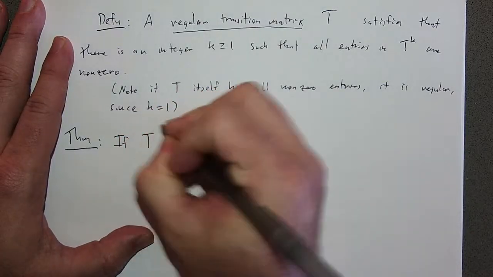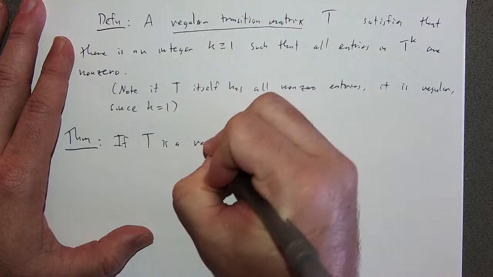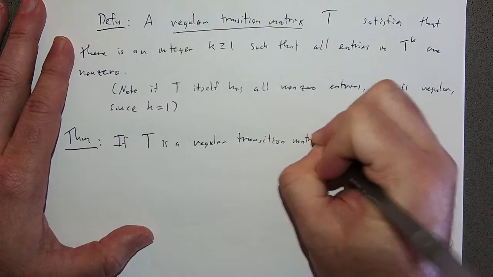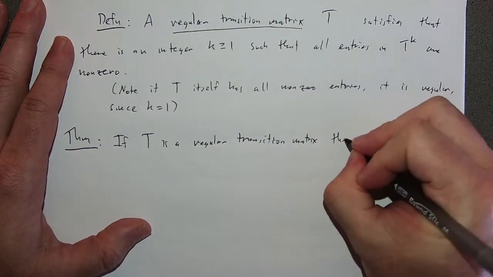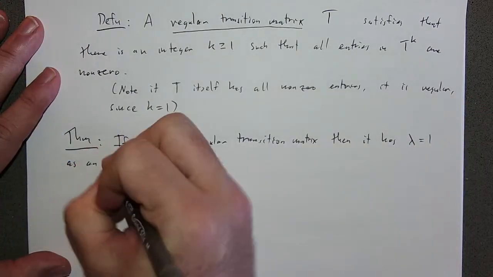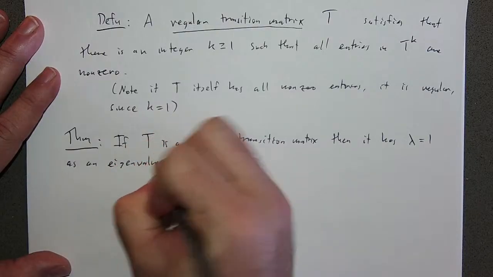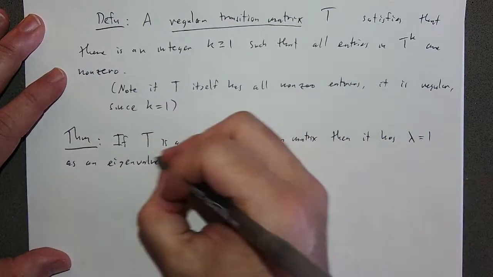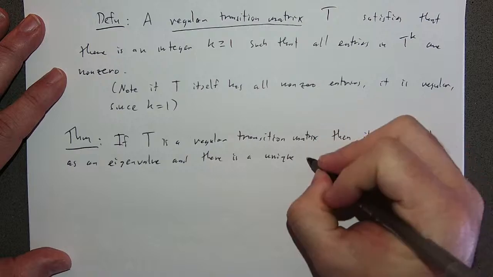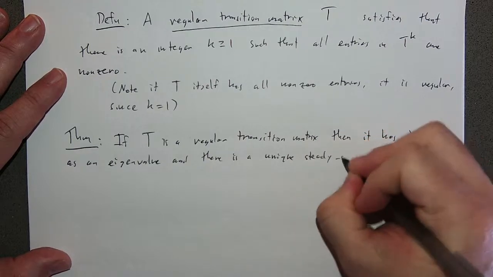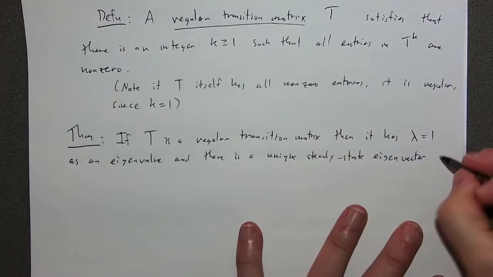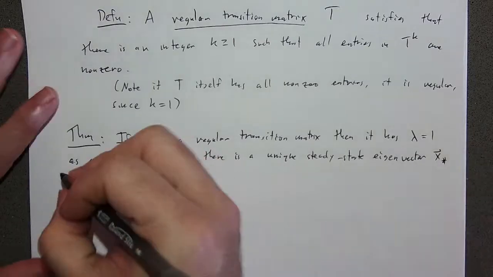If T is a regular transition matrix, then it has lambda equals 1 as an eigenvalue, and there is a unique steady state eigenvector, we'll call it x star, associated to it.